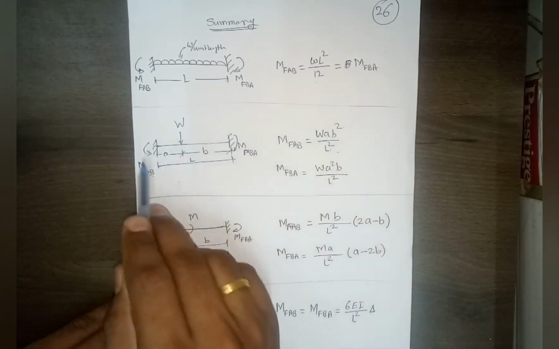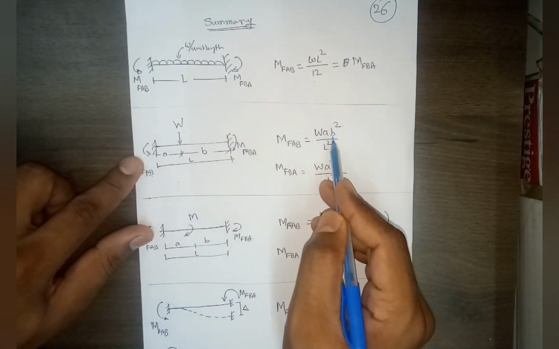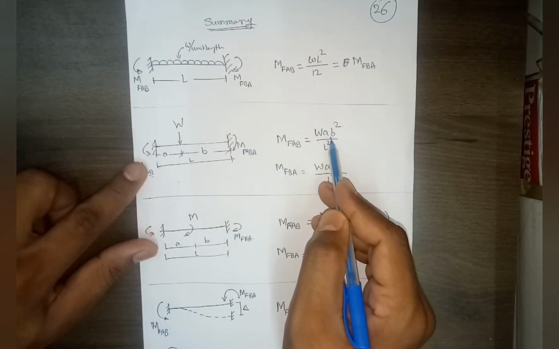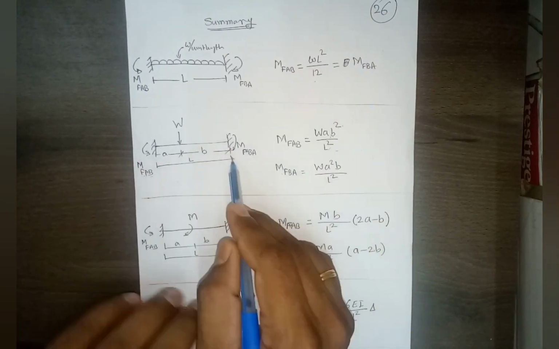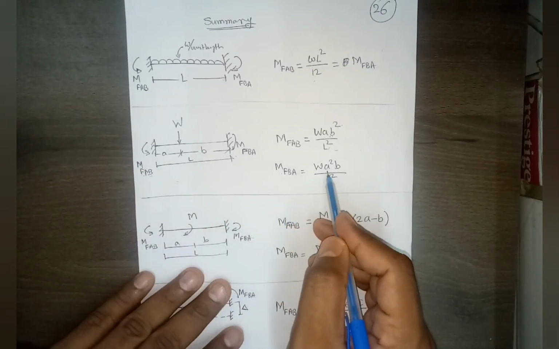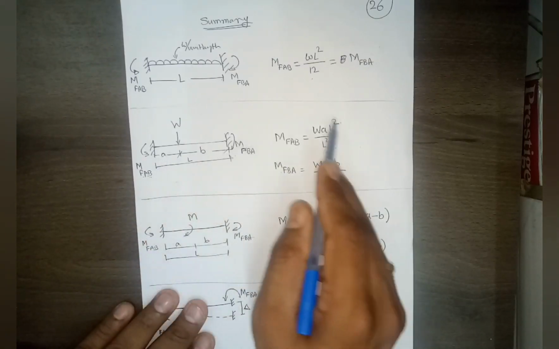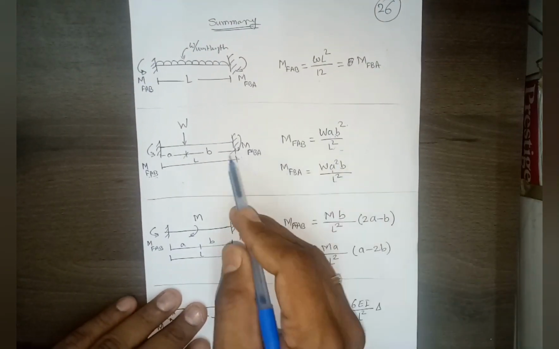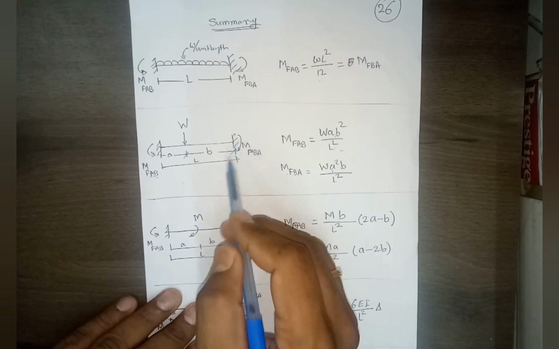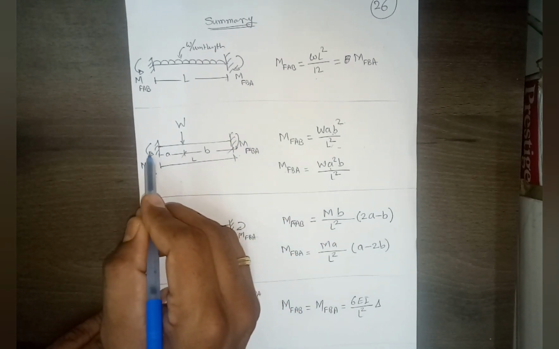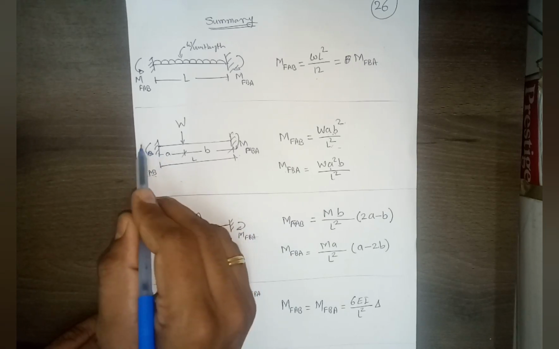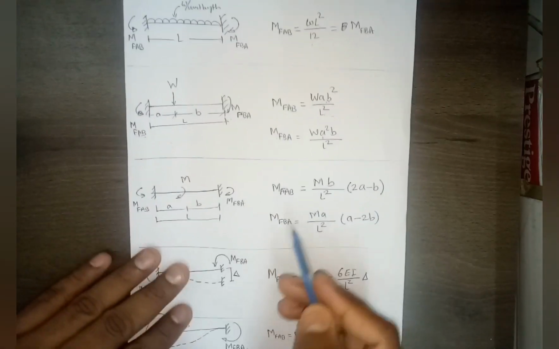When you are calculating the moment at this point, you have to take the square term of the B side, and when you are calculating the moment at point A, you have to take the square of the A term. But this sign convention and these values are fixed, right? If you change the sign convention, so instead of anti-clockwise you show it clockwise, then this will be negative, right?